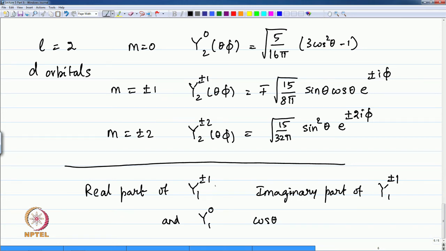And here this will contain sin theta, the real part will contain sin theta cos phi, and the imaginary part will contain sin theta sin phi. So, we shall see this in the spherical coordinate picture representations.